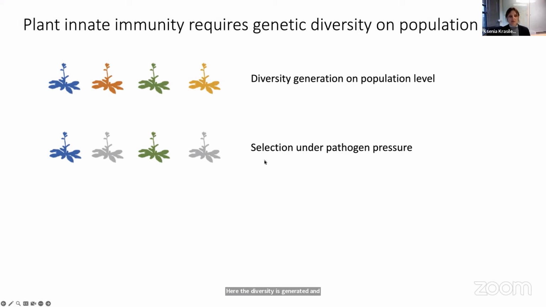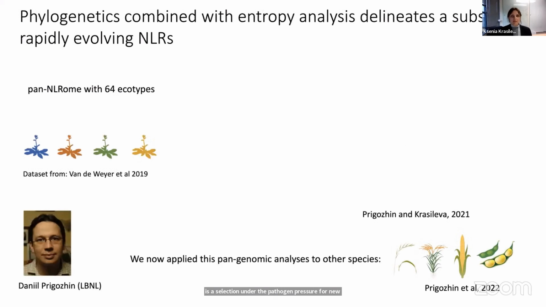So when the pathogen evolves, there is selection under pathogen pressure for new alleles among this diversity. And because these receptors are really repetitive and evolving so fast, for a while it's been really hard to study them.